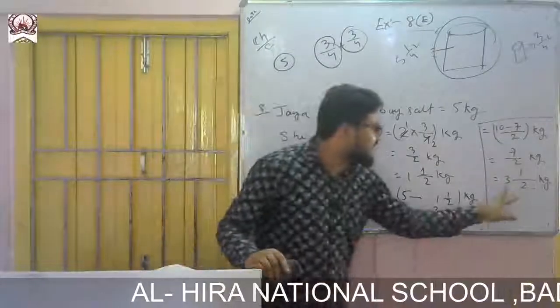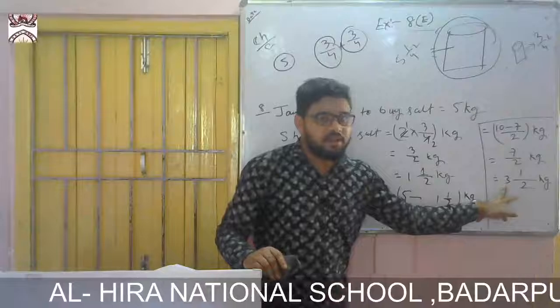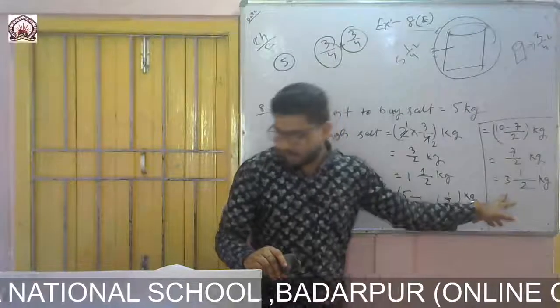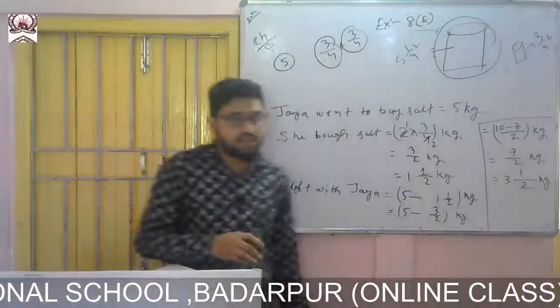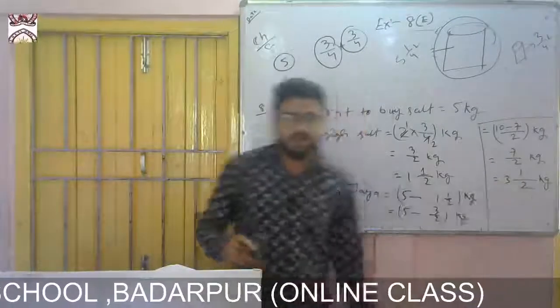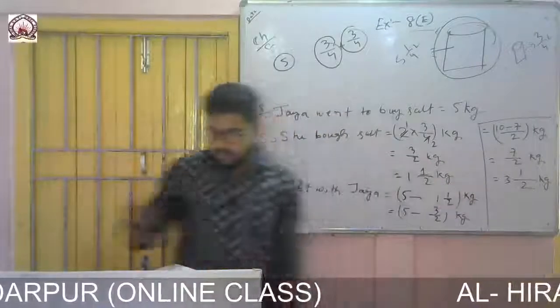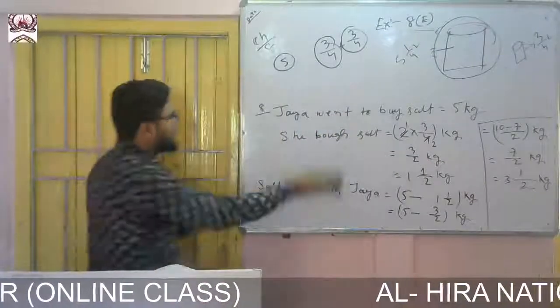So here you see, in 3 kg how many half kg will be there? 1 kg, 2 halves; 2 kg, 4 halves; 3 kg, 6 halves, and 1 half, 7 halves. That means she took 7 halves of kg. So how? Let us find. We'll divide it.